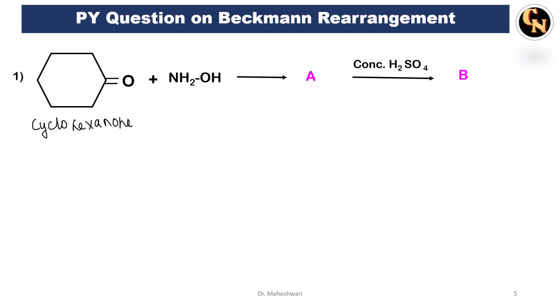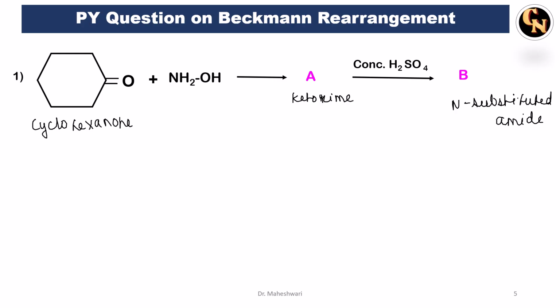Now we know that ketone and oxime, what is the A product you should get? It is a ketoxime. Now you know that it forms a ketoxime, and ketoxime when treated with acid gives us a Beckmann product, that is an N substituted amide. So once you see the reaction, you can know it if you know the reaction.